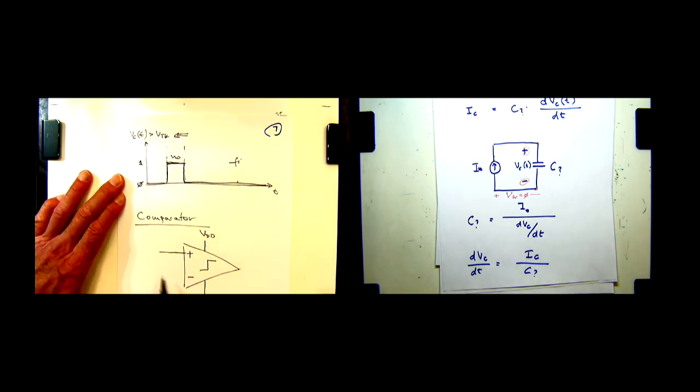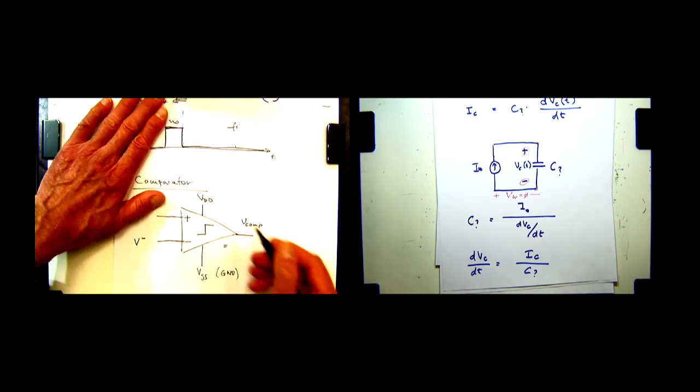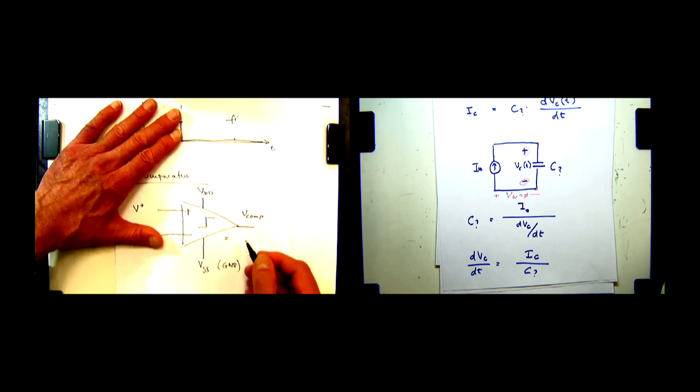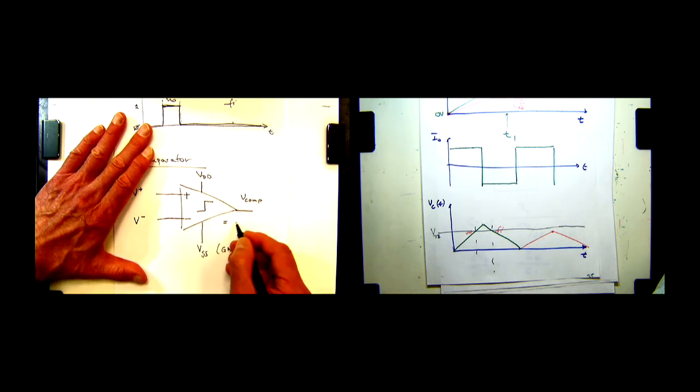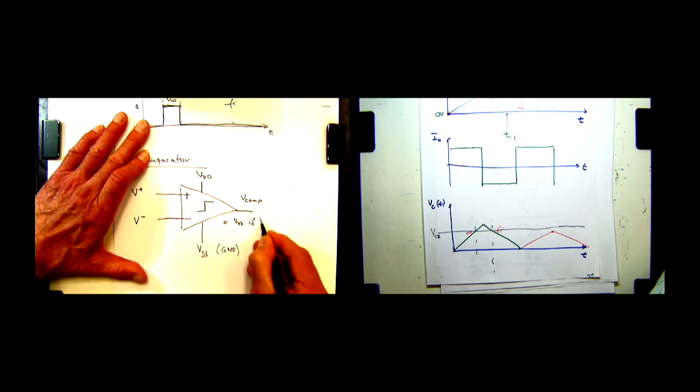It has these two terminals, and you hook them up. And it has two inputs. One input is V plus, and the other input is V minus, and it has an output, V comparator. And that output is going to be equal to VDD if V plus is greater than V minus, and VSS otherwise.